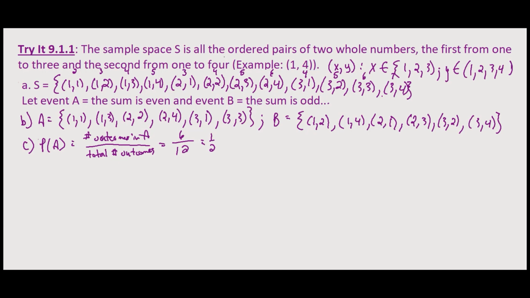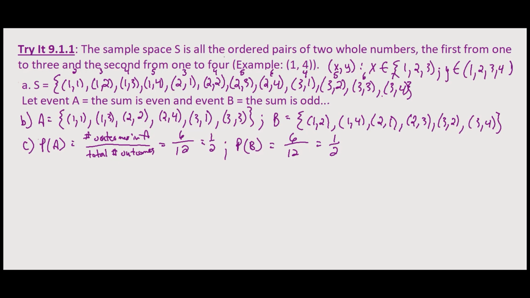Now the probability of event B, it's going to be the complement of the probability of event A, because B is the complement of A, but we'll look at it in the same way. Number of outcomes in B over the total number of outcomes. So 6 out of 12 possible outcomes equals 1/2.